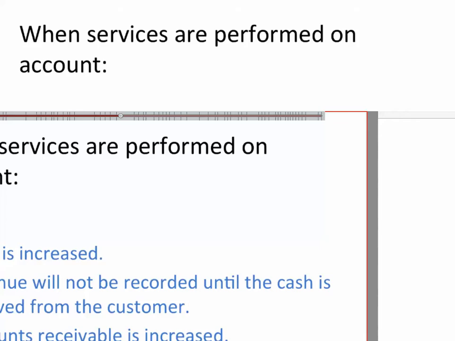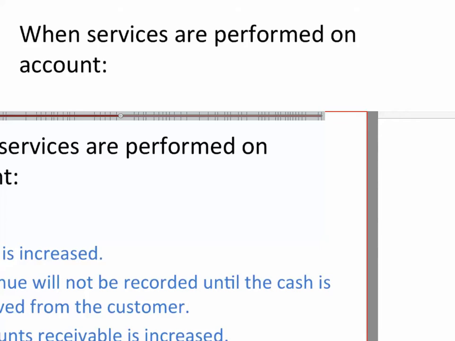Okay, on this one, first of all, when you see the word on account, on account means you've got accounts payable or accounts receivable involved. So when you see on account, chances are the answer is going to be C or D. Then you have to decide which one it is.